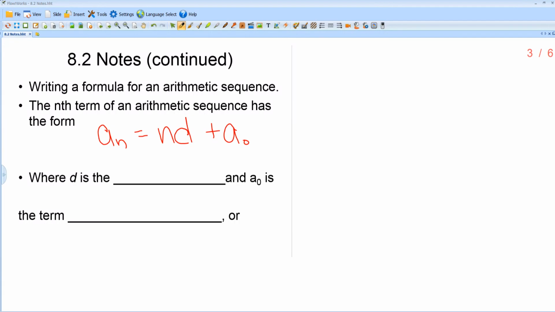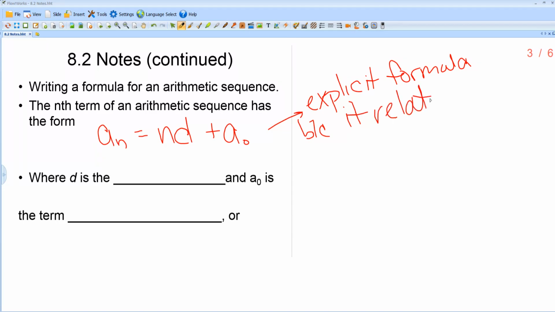Now, there's a couple different types of formulas. This is what's considered an explicit formula. The reason it's considered an explicit formula is because it relates the term number to the term value.